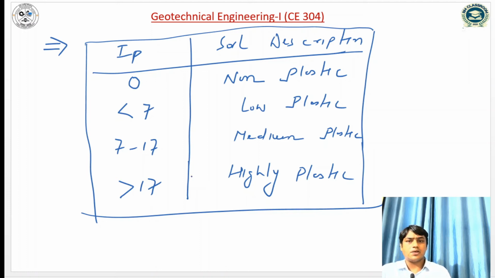If the value is less than or equal to 7, it is low plastic. If the value lies between 7 and 17, then it is medium plastic, and greater than 17, then it is highly plastic. On the basis of this, we can categorize the soil in terms of plasticity.